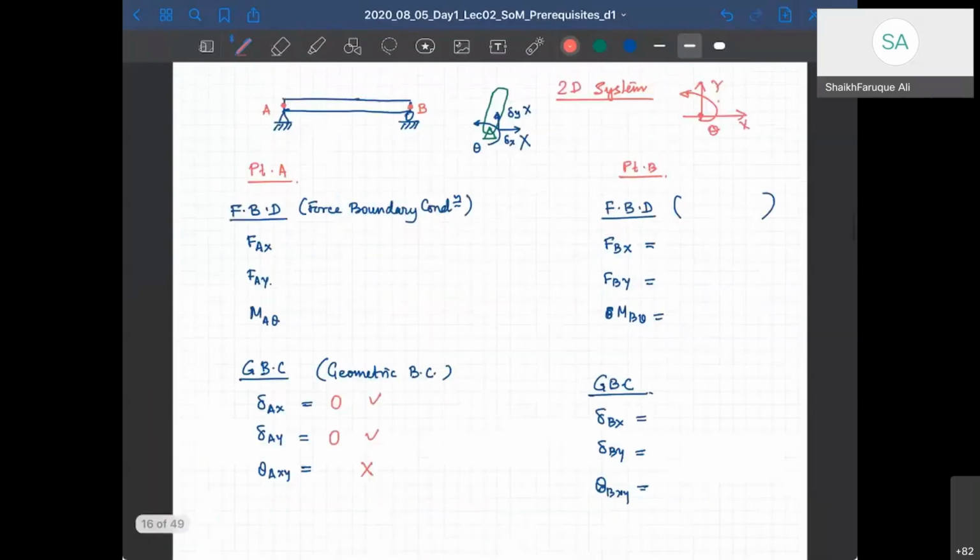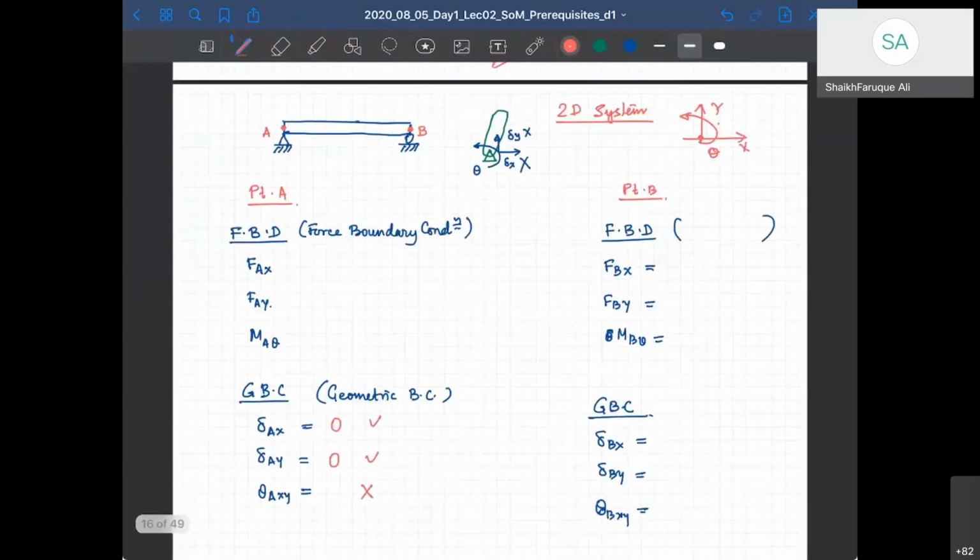Now look at the forces. At this support, when you release this and make a free body diagram, what do you draw? You draw two forces here, right? Do you know why you draw two forces there? Not another moment.